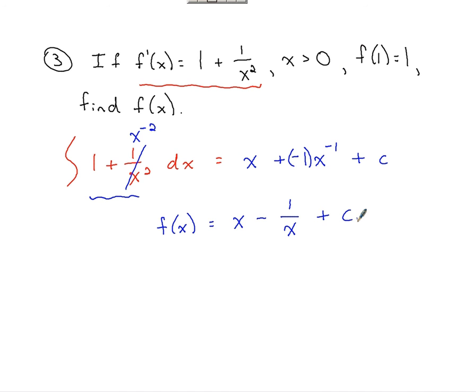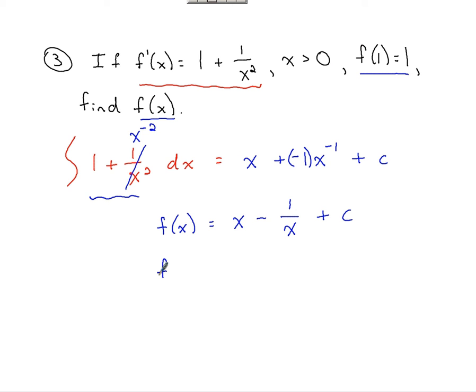Goal again is find the function. To find the function, we need to figure out what the constant value is. To figure out what the constant value is, we got to take some additional information that's given up here, like f of 1 equals 1. What that means is I take 1, I plug in for x, I get 1 back for the value of the function, right?